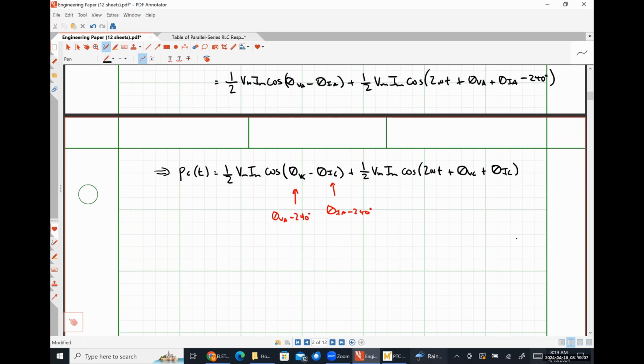And so that's going to look like one-half VM IM cosine(theta VA minus theta IA) plus 1/2 VM IM cosine(twice omega t plus theta VA plus theta IA minus 480 degrees). Now, what is an equivalent angle to 480 degrees?